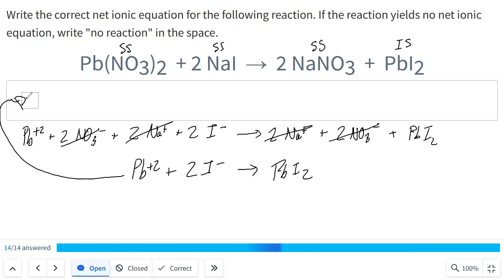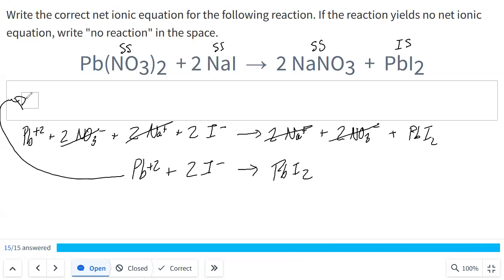So to do the process here and to do it correctly, you kind of have to go through the whole thing. Ultimately, the thing I saw as I was walking around was some of you just copied the top equation down, or you started to put in the complete ionic equation, and that's fine, but just understand what's being asked of you.